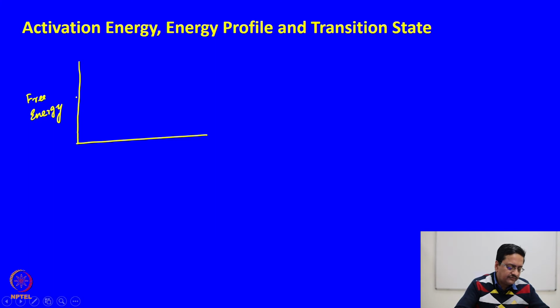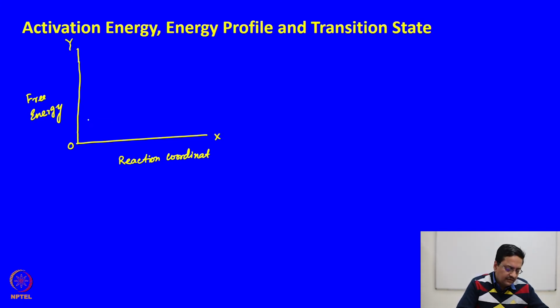So, here we plot free energy on the y axis, and the progress of reaction, which is called the reaction coordinate, is plotted on the x axis.